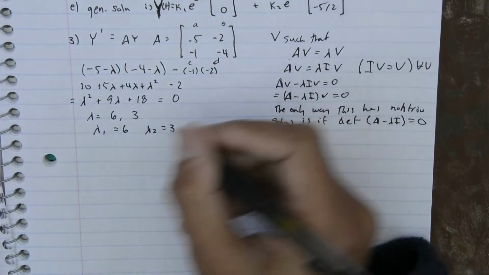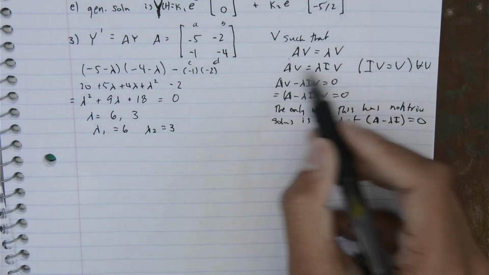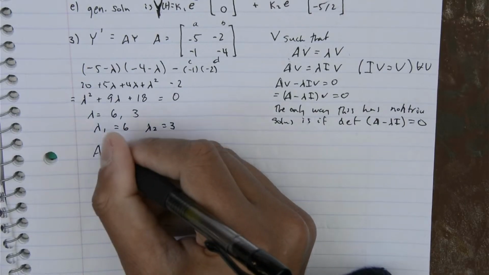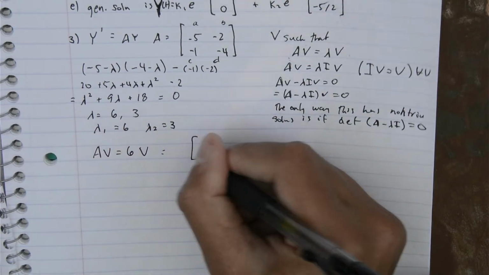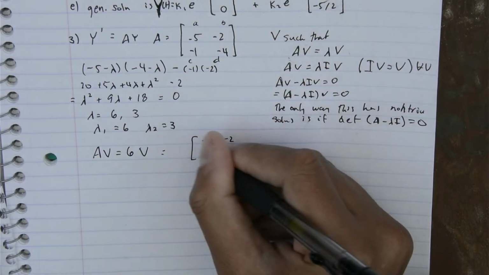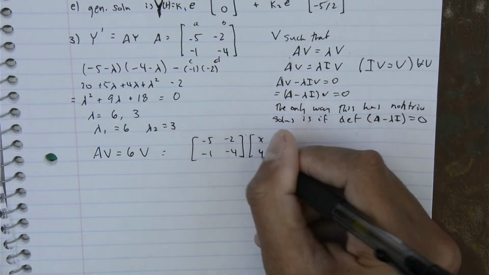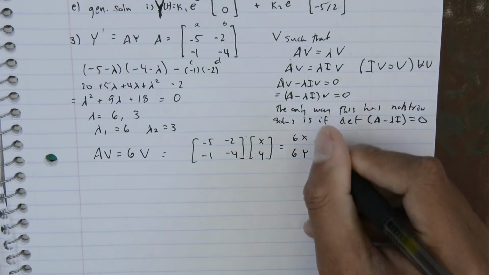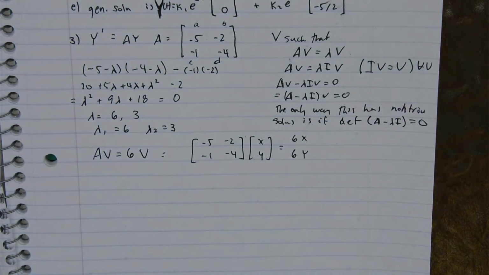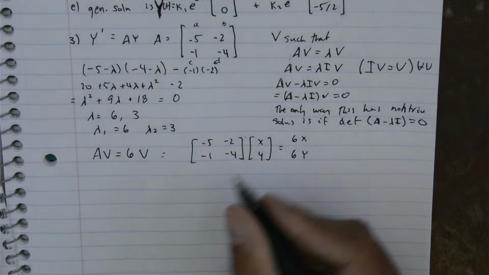Okay, so now we can plug in this equation for lambda. We're going to get A times v is equal to 6v, which is equal to minus 5, minus 2, minus 1, minus 4 times x and y is equal to 6x, 6y. So now we can turn this into an equation.